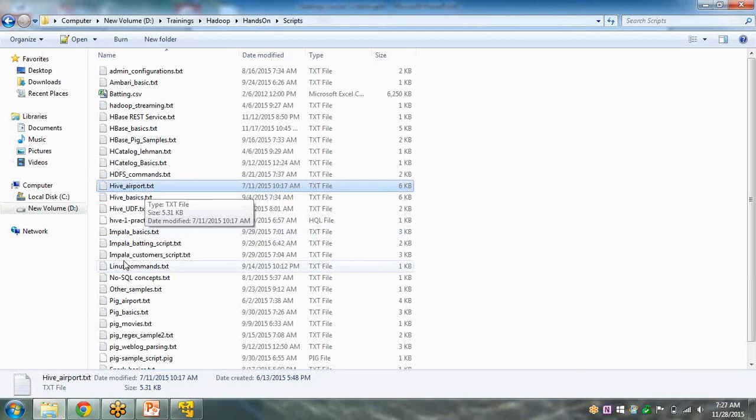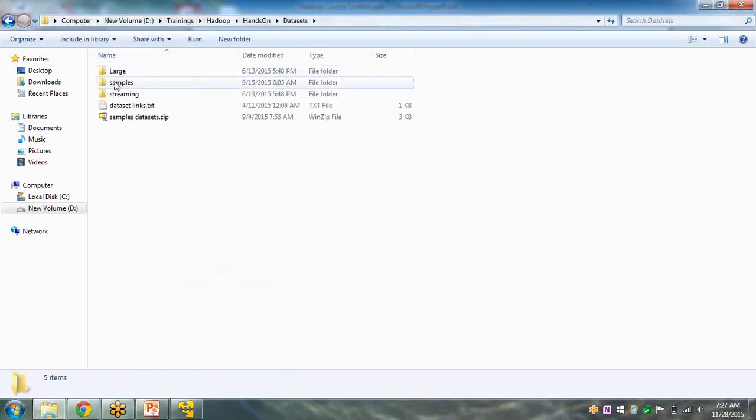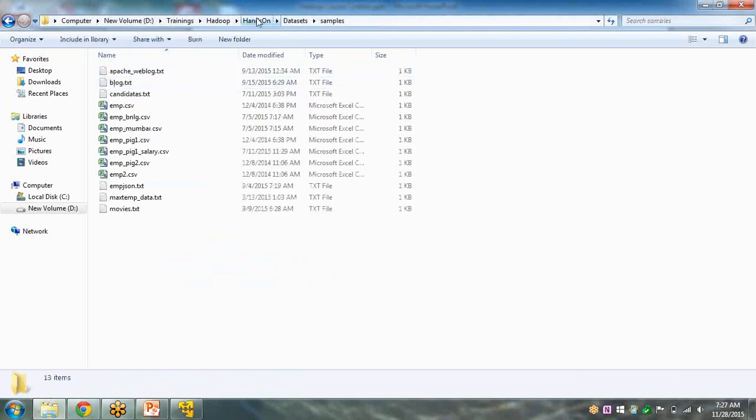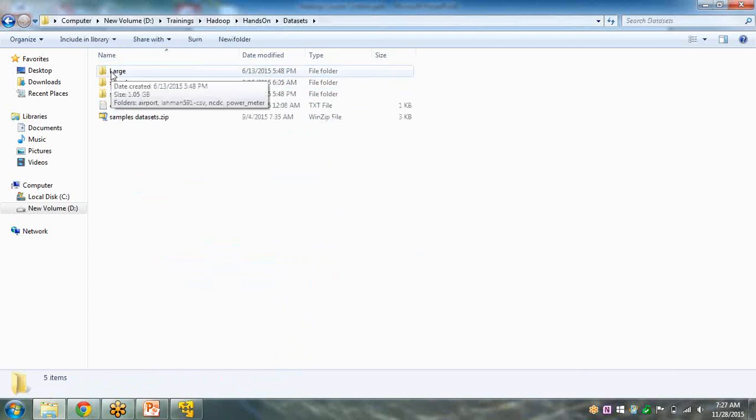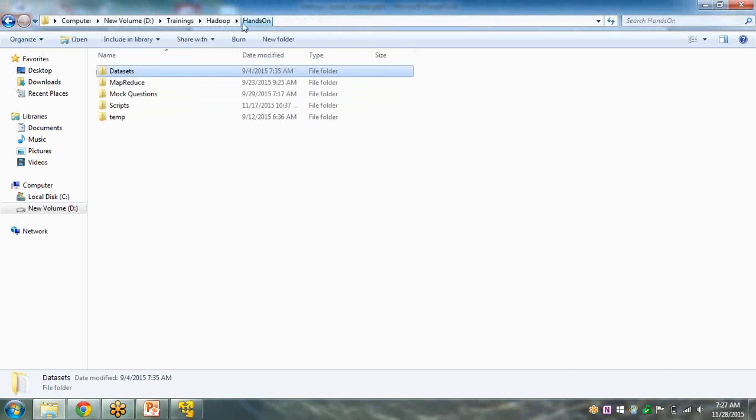Before we start this hands-on, I would like to ask you to download some data sets. The hello world programs I'll supply to you, but there are some big data sets you have to download. I'll send the link so you can download them. Keep them ready. With that, we'll try real world, or at least near to real world, use cases.